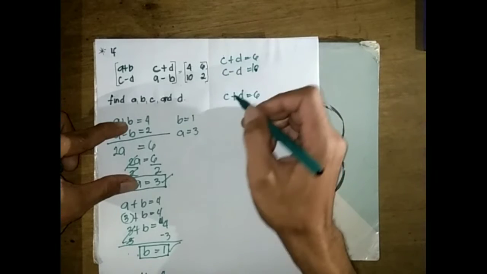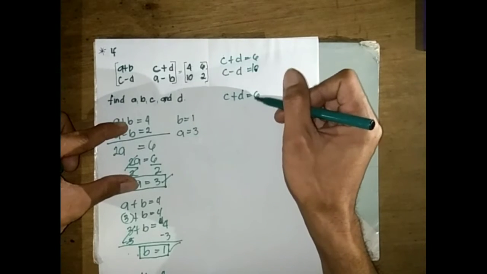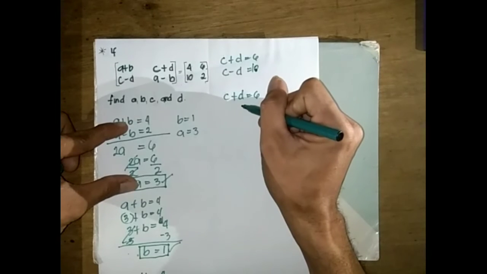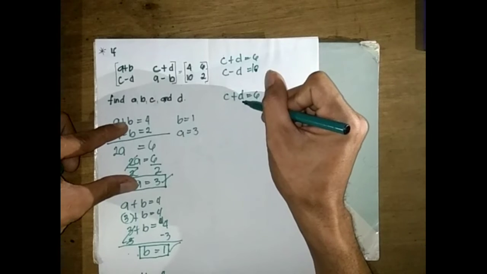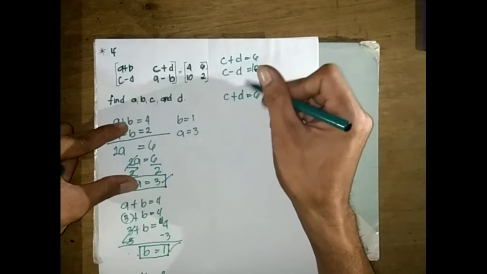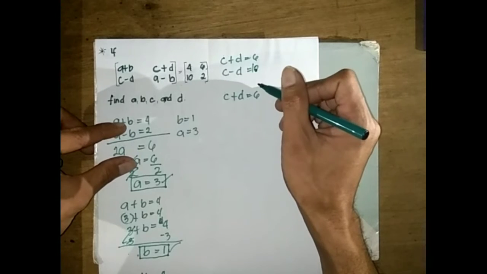So, to do that, we will choose which variable. So, let's solve for variable D. Then, isolate lang natin siya on the left side of our equation.